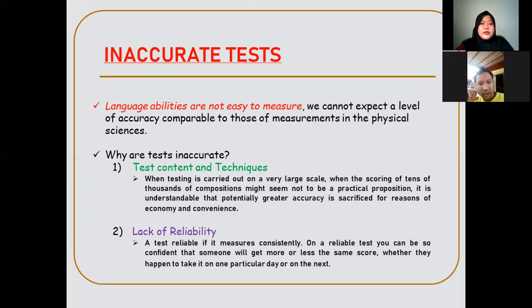The first is test content and techniques. When testing is carried out on a very large scale, when the scoring of tens of thousands of compositions might seem not to be a practical proposition, it is understandable that potentially greater accuracy is sacrificed for reasons of economy and convenience. And the second is a lack of reliability.